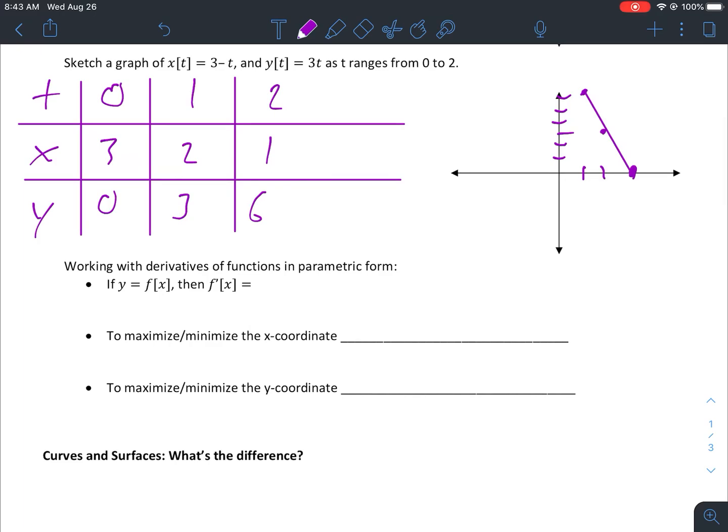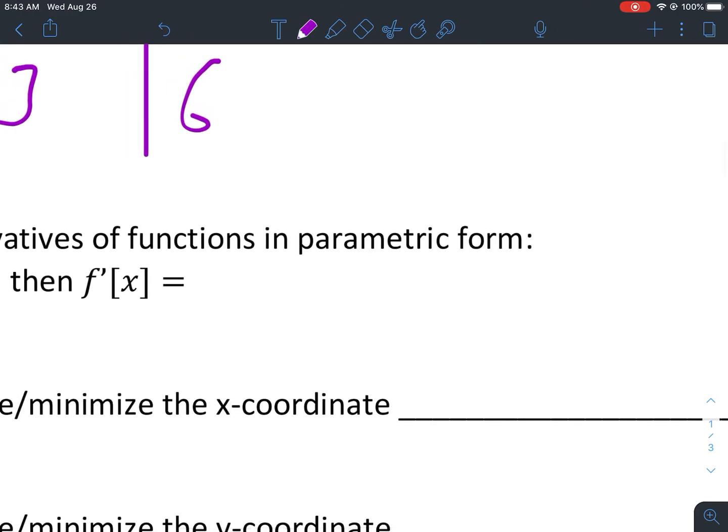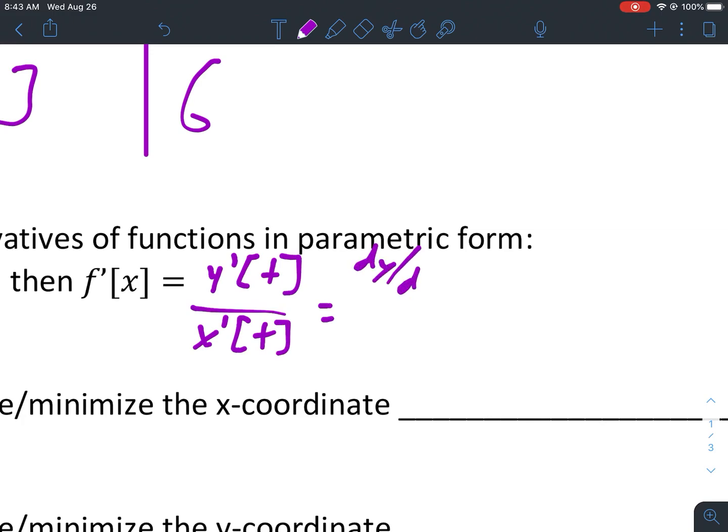Okay, working with derivatives of functions in parametric form. If y equals f of x, then f prime of x, a couple different ways we can write this here. We can write it as y prime of t over x prime of t, or we can write dy/dt over dx/dt.